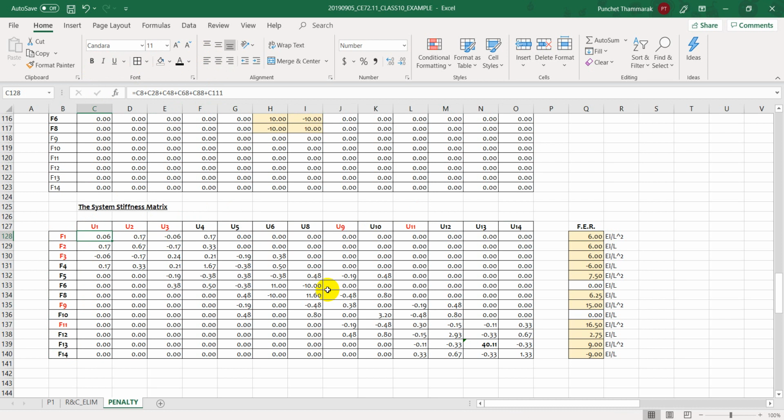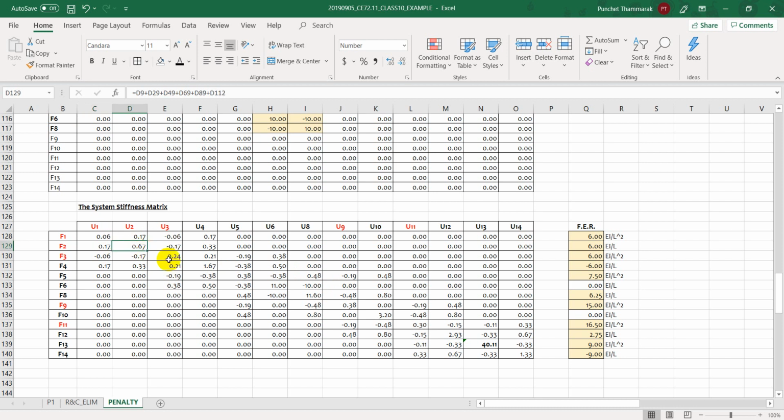Now U1, U2, U3, U9, U11 will be taken care of by penalty spring. So we will select the penalty spring stiffness. As we look through, degree of freedom number 1 is the displacement, right?